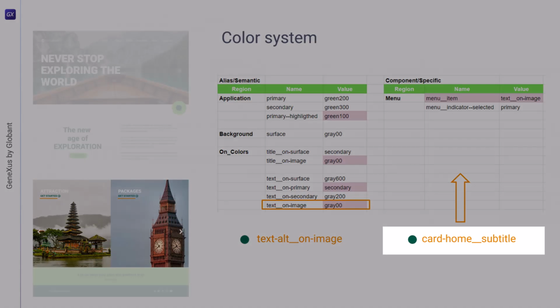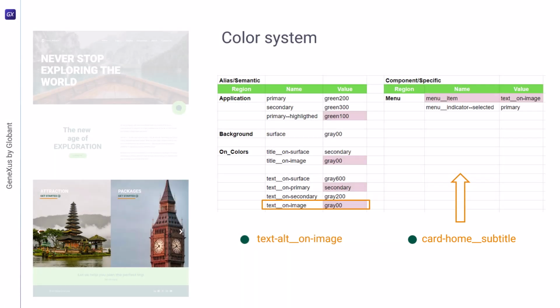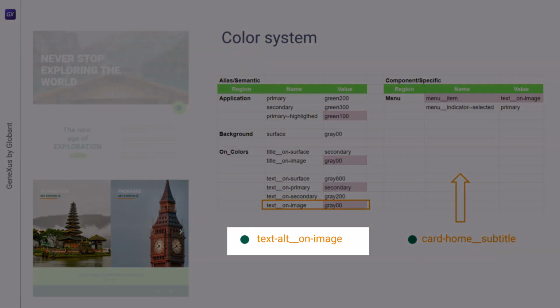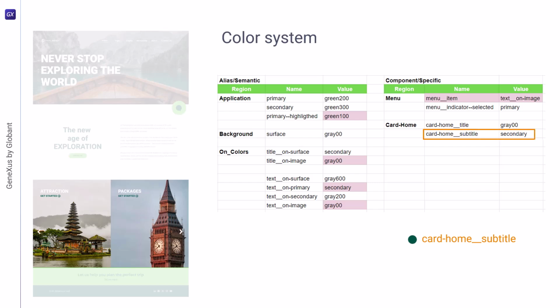Since it acts as a subtitle in that component, I'll call it that. I made this decision because the general token doesn't make much sense, since it doesn't seem to be general at all, but to be completely specific to this case. So I added it there with the value of the secondary token.